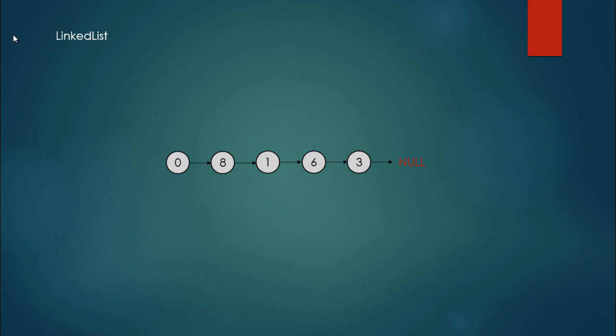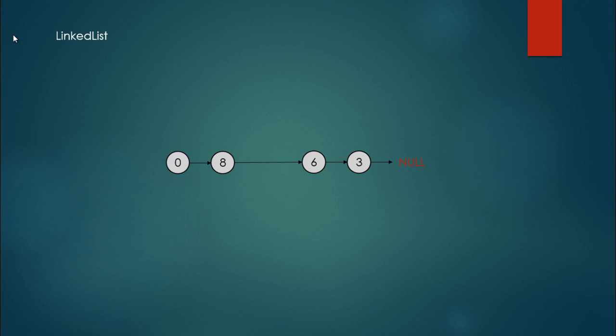On the other hand, for example, in a linked list we have 1, 2, 3, 4, 5 items, and in order to detect the end of the list, the last node is pointing to null. If we want to remove, for example, the 1, we just have to delete it and update the references. So the pointer from node 8 is going to point to node 6.